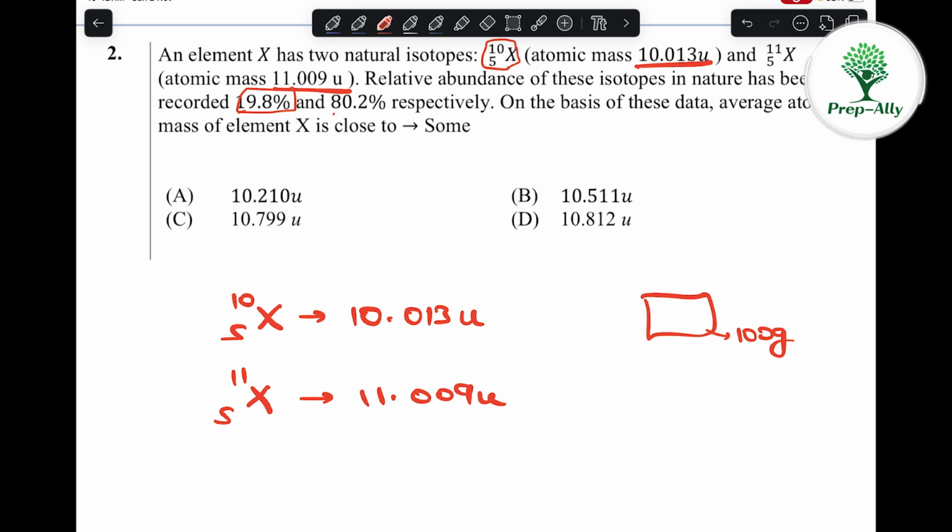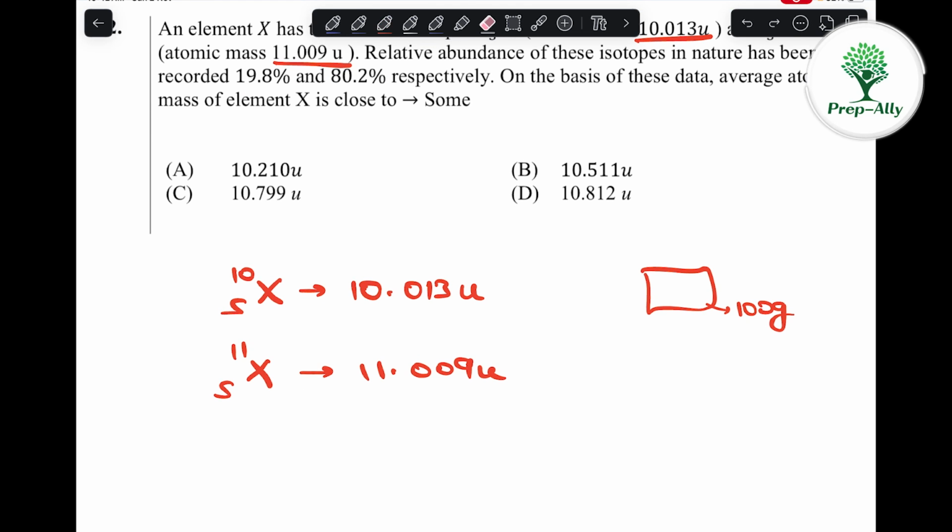And I have 80.2 percent of this other isotope. Okay. Now, on the basis of these data, I have to calculate the average atomic mass.